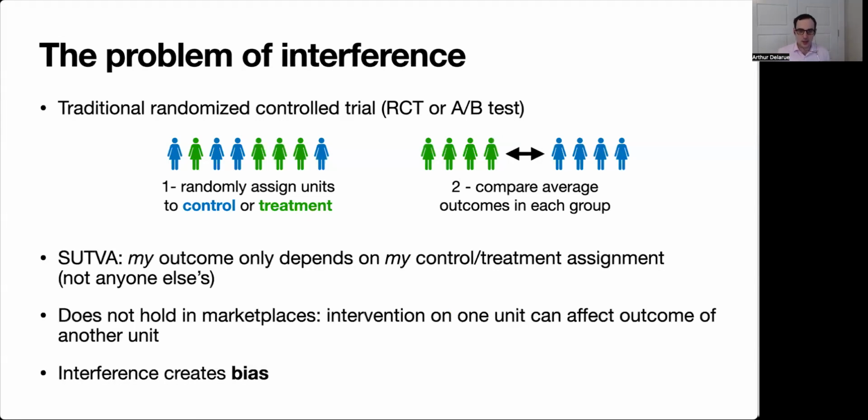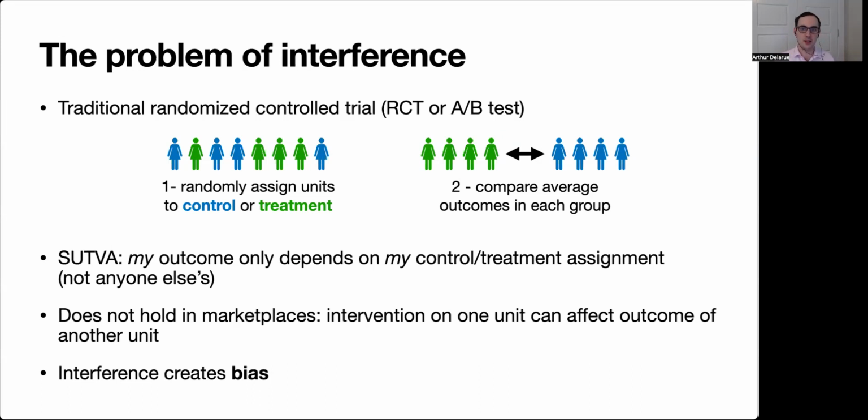And the thing is, we've been using these types of experiments for over 100 years, especially for things like developing drugs. In order for this type of experiment to work, it relies on a very strong assumption, which is that the outcome of a particular unit only depends on the treatment assignment of that unit.